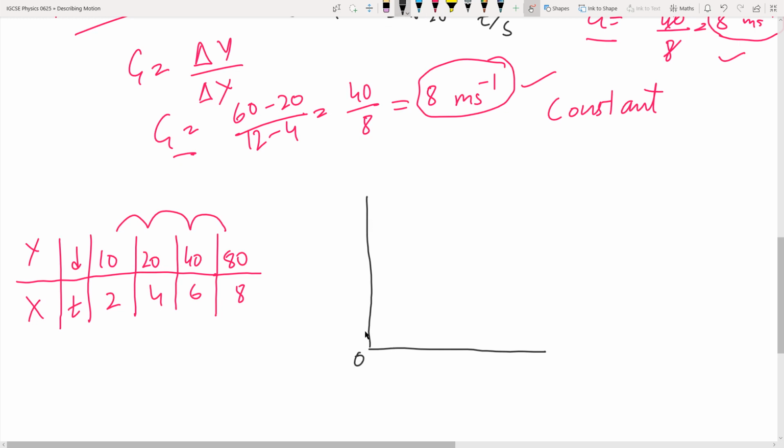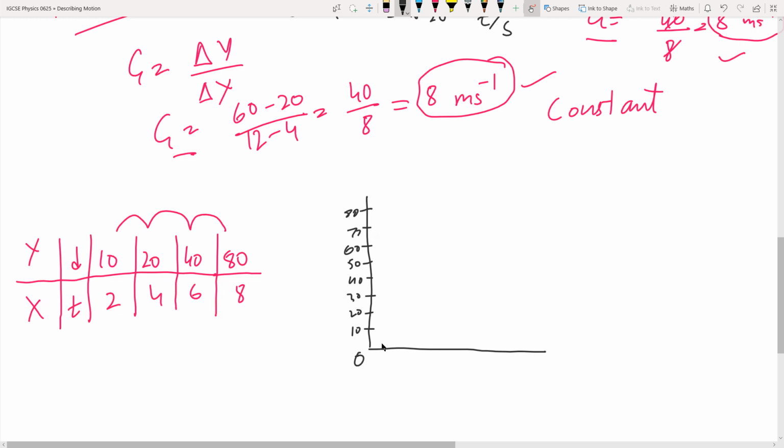Again, for distance let's go with brackets of 10, 20, 30, 40, 50, 60, 70, and then 80.